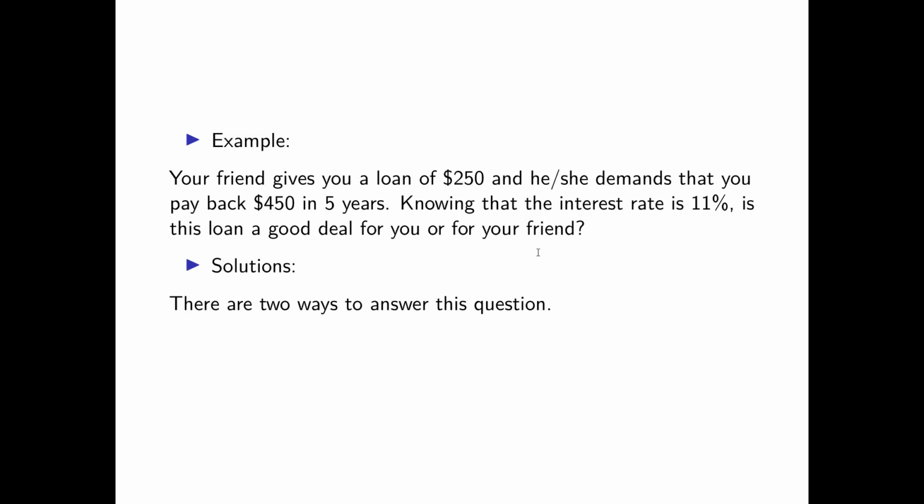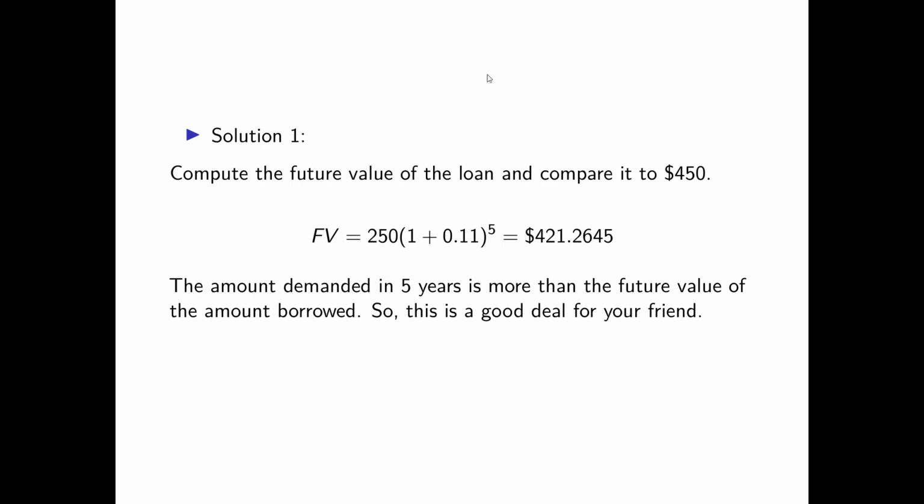Well, there are two ways to compute this question. The reason why there are two ways is because we have a present value, that's the amount that you are borrowing today, but you also have the future value, and that's the amount that you have to pay back in 5 years. So let's use each of them to find out if this is a good deal for you or for your friend.